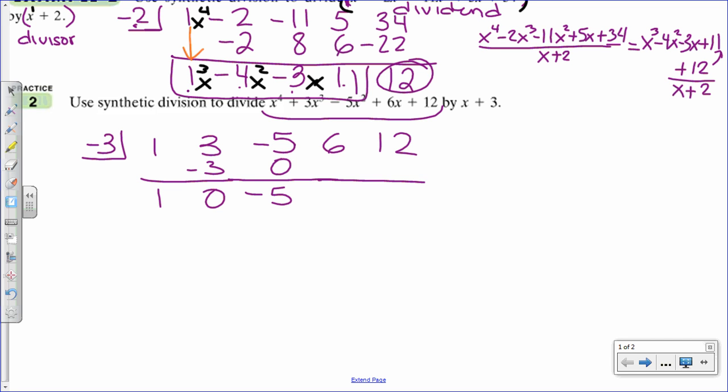Negative 3 times 1 is negative 3. I get a 0. Negative 3 times 0 is 0.